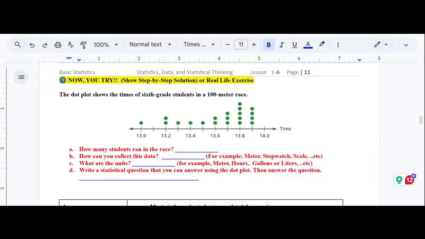What were the times of the 6th grade students in the 100-meter race? Or you can say, what is the average, the mean, of the 6th grade students in the 100-meter race. Okay. Can you say what was the time that most students finished in?